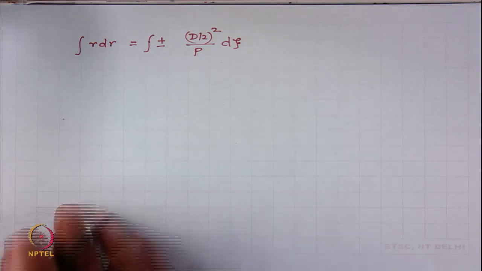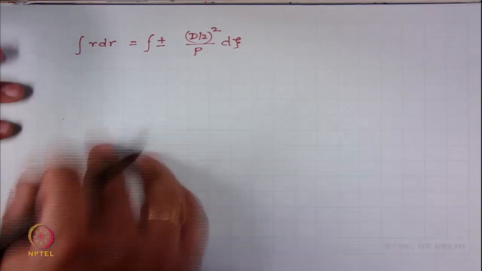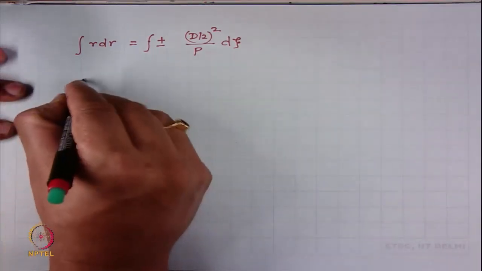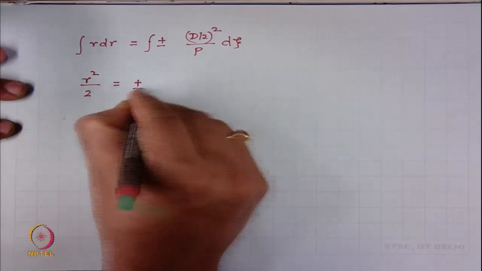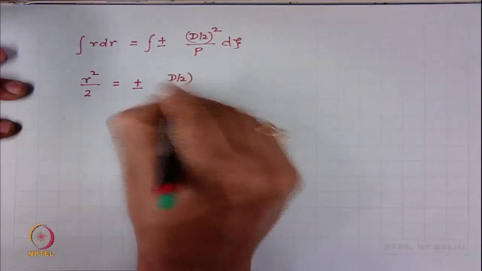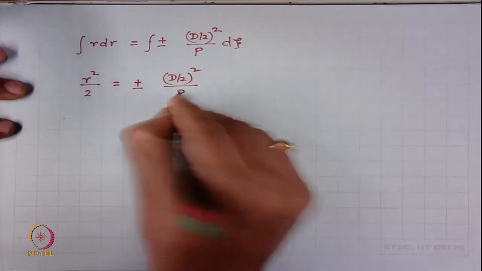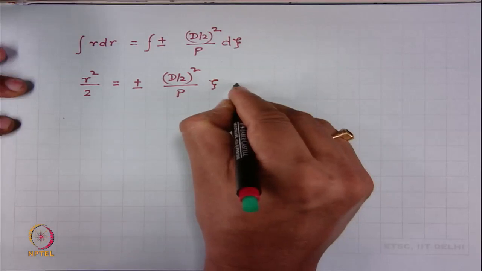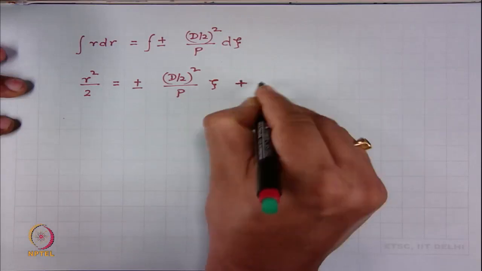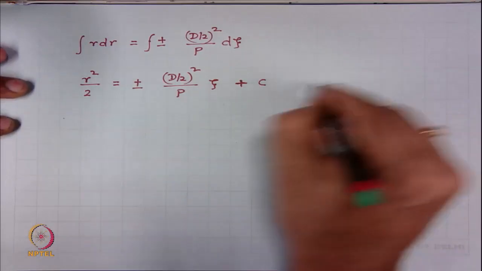Right. So, this integration will give you r square by 2 plus minus, this is constant, integration of d zeta is zeta plus say constant, integral constant.